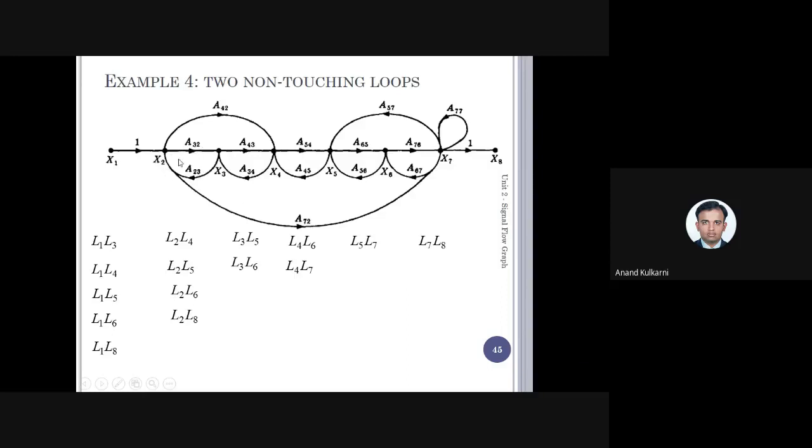If you observe here, what is L1? That is 2 to 3, 3 to 2. This is one loop. Similarly, what is L3? L3 is 5 to 4, 4 to 5. For your clarification, I'll do one thing so that you understand.